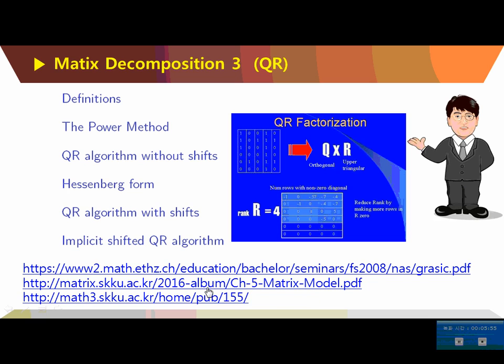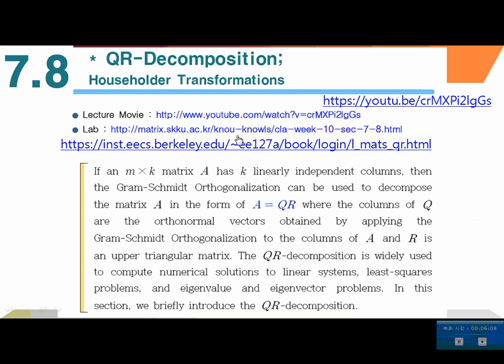And there are some materials that you can use as a reference in here. And also I made some code here, and I already gave some Korean lectures. Here, QR decomposition. You can find the Korean lectures at this web address, and some references in here.